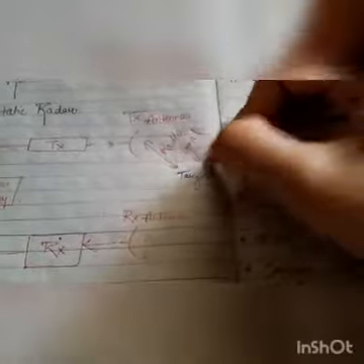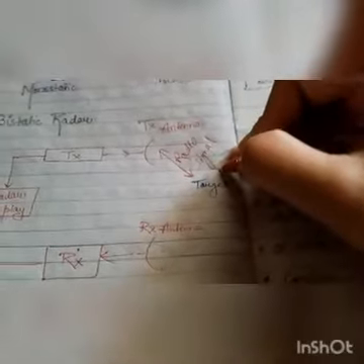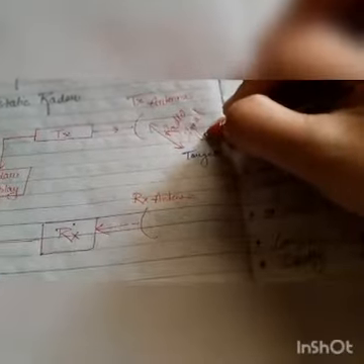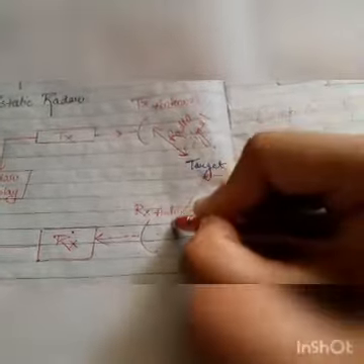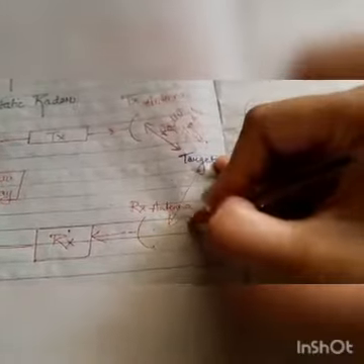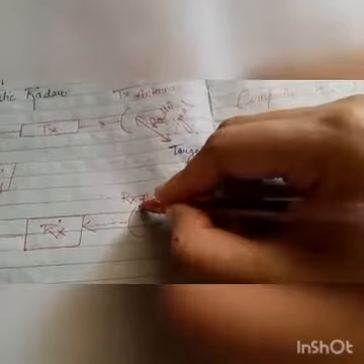The target receives the signal and sends back an echo signal, and we get the echo signal at the receiver antenna.